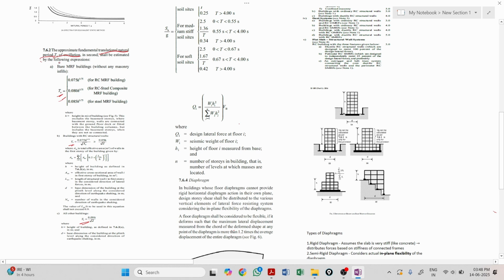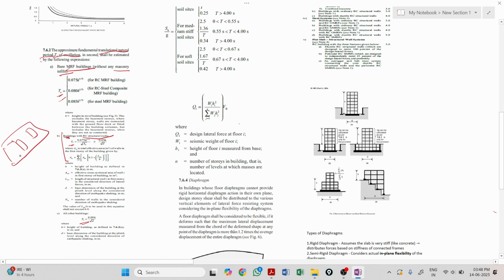First, you should know what kind of building you are going to construct. Is it an MRF building, that is without masonry infills, or is it a building with RC structural walls? That is different. If you are providing a shear wall, in that case we use this.